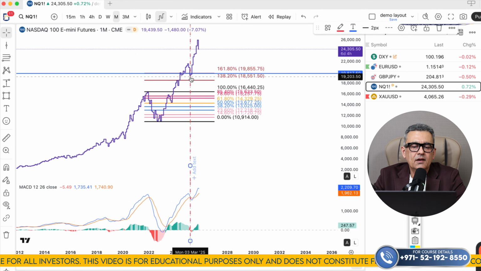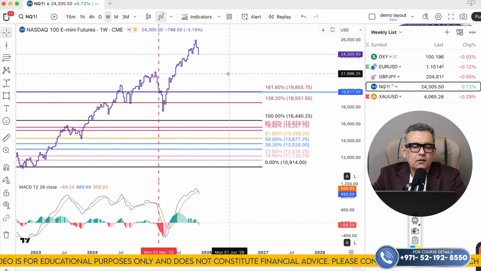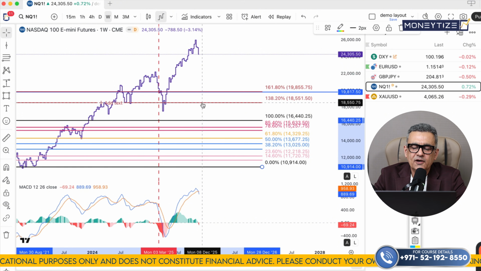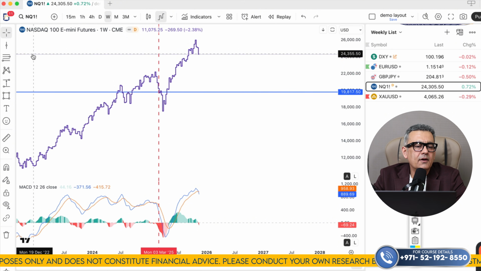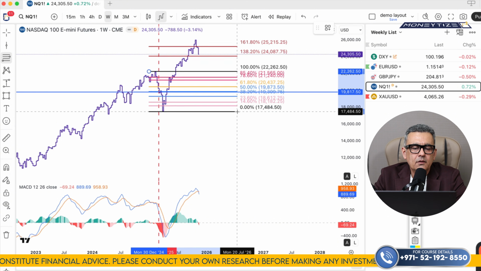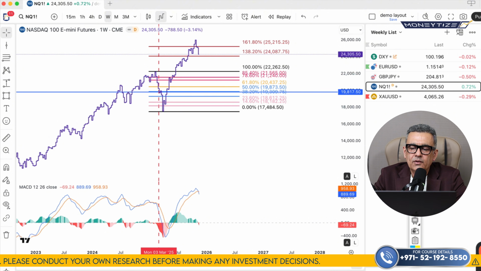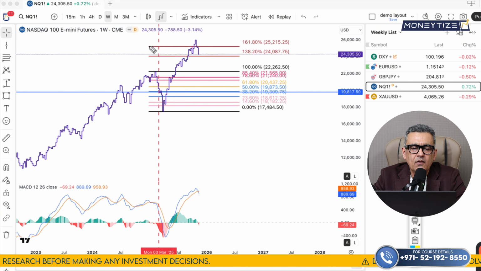So this is the last leg up, and I'll be switching to weekly here. Now on the weekly frame, I get an opportunity to apply the next reverse fib retracement on the previous leg down. So a similar thing applied on the weekly frame here. Now, if you notice, buyers have crossed convincingly the zone of resistance at 161.8.